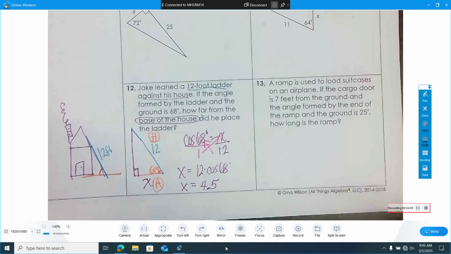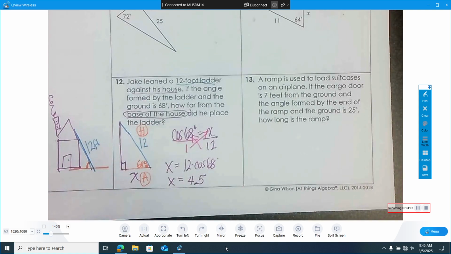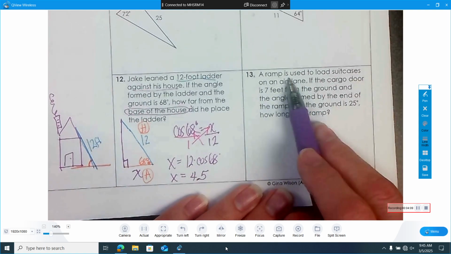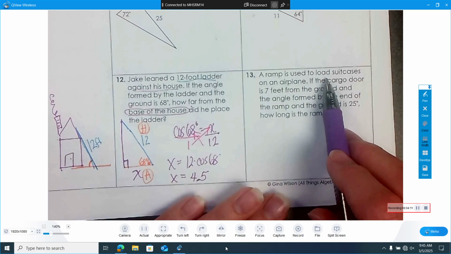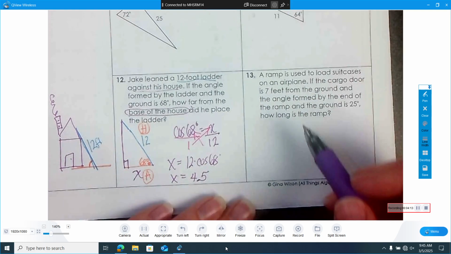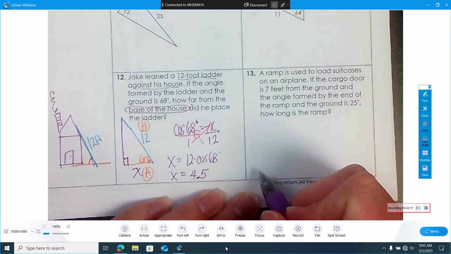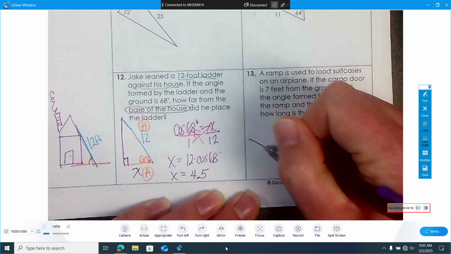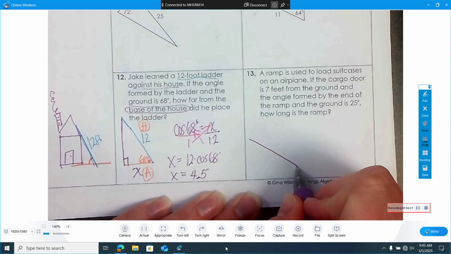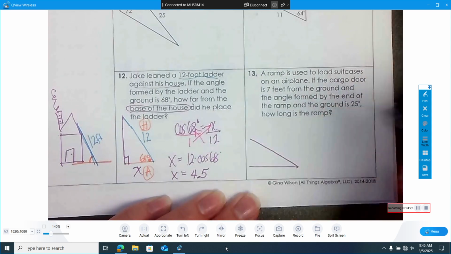Okay. Number 13. A ramp is used to load suitcases on an airplane. Well, you can imagine that there's this ramp that's loading up suitcases onto the airplane.